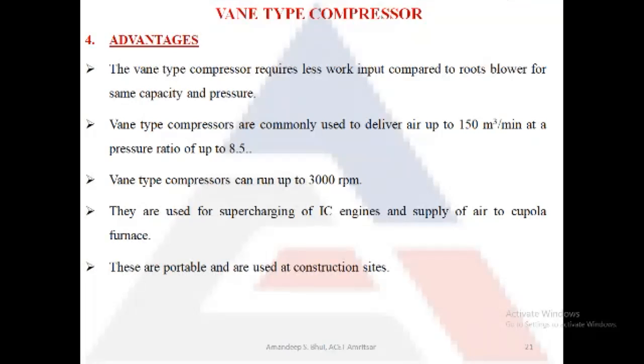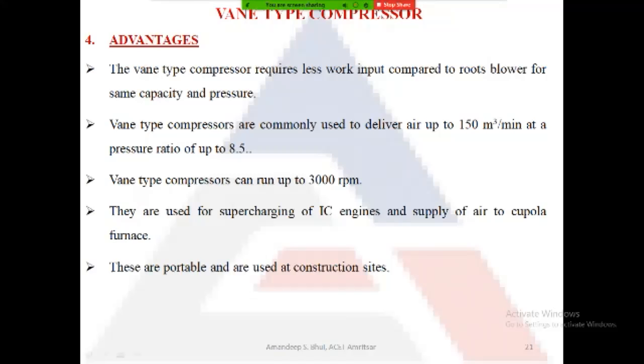If we compress the air in the same volume, more oxygen can be supplied. So that compressed air is supplied for the IC engines that we use in high speed cars. So we use this vane type of air compressor for supplying the compressed air for supercharging of IC engines.